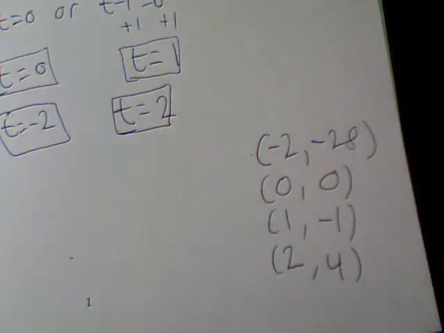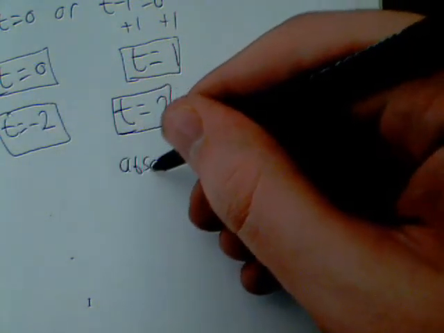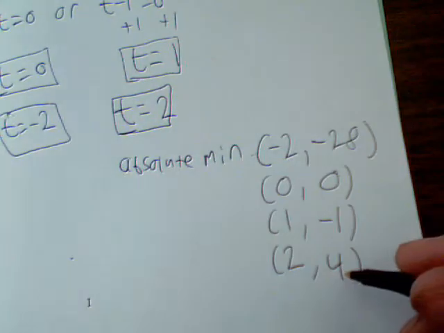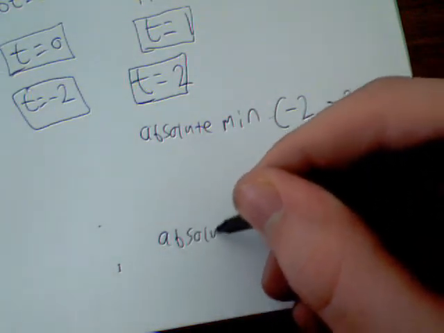So here, -28 is the smallest number I can get, smallest meaning most negative. That's going to be my absolute minimum. And this 4 is the largest number I can get. It's an absolute maximum.